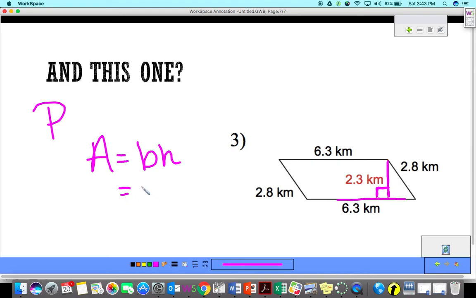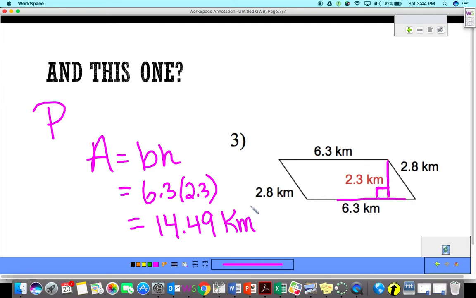So I'm simply going to take 6.3 times 2.3 to get the value of the area of my parallelogram. 6.3 times 2.3, and I get 14.49. That right now doesn't have a label. I'm finding area, so it's going to be kilometers squared. This was a parallelogram because it had opposite sides that were parallel.